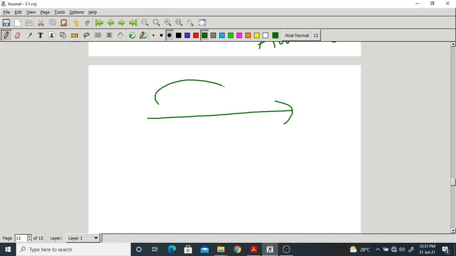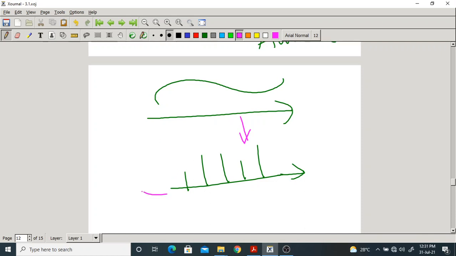From this signal, we got some samples. This is called sampling. What is reconstruction? Reverse of sampling, which means this reverse. So from m line of t, you get m of t.